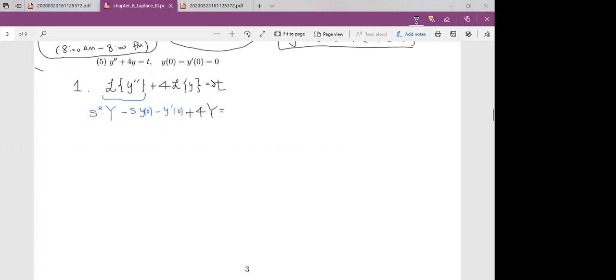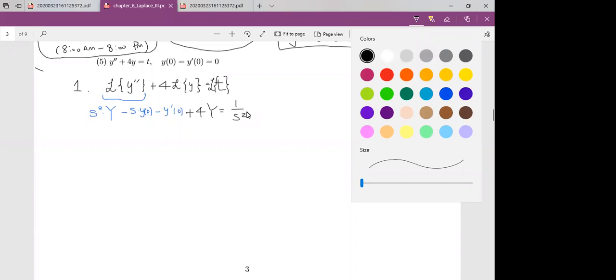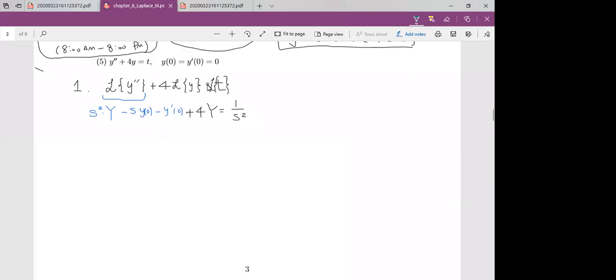Oops, I meant L of t on the right-hand side. The transform of t is 1 over S squared from the table. Good. And we can use the initial condition. The initial condition says everything is 0, so y of 0 and y prime of 0 are all gone.